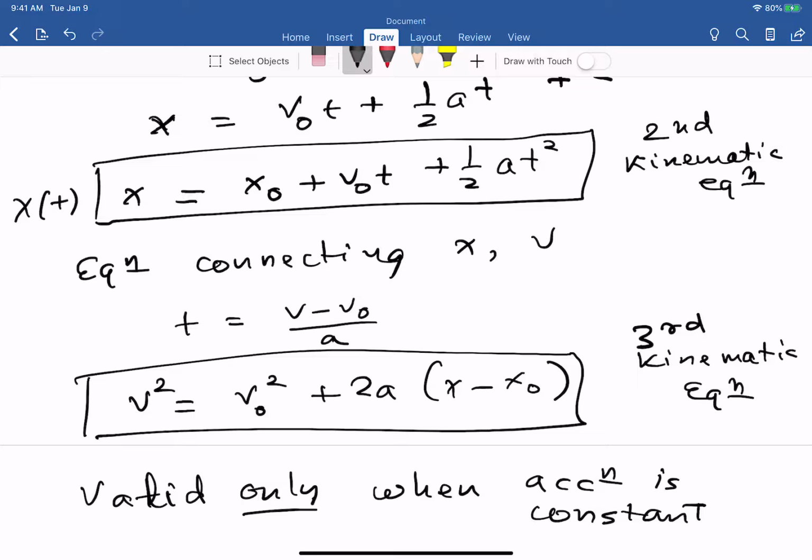For example, in the problem that we did just before this, where the acceleration was minus 60, the kinematic equations have zero relevance, as in any situation where the acceleration is variable. That's a very common mistake I find students making. They apply the kinematic equations wherever they see the words velocity and acceleration, but keep in mind that they only apply when the acceleration is constant.